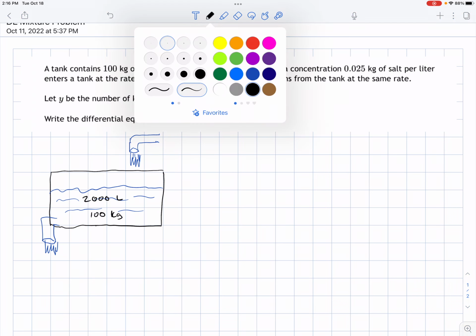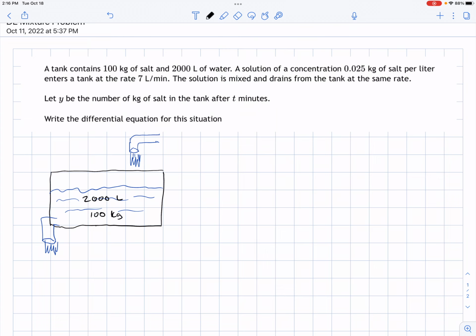And what else? A solution of a concentration 0.025 kilograms of salt per liter enters the tank at a rate of 7 liters per minute.